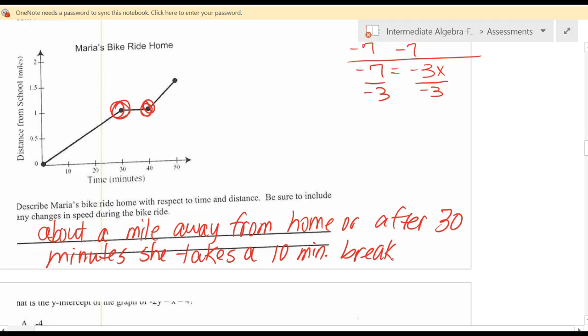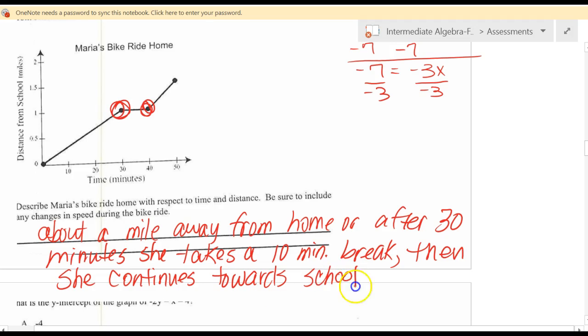So that time where there's nothing happening from 30 to 40 where it's a flat rate, she's not going anywhere. And then she continues toward school. So it looks like school is a little over 1.5 miles away from home. And it takes her 50 minutes. It's a long time.